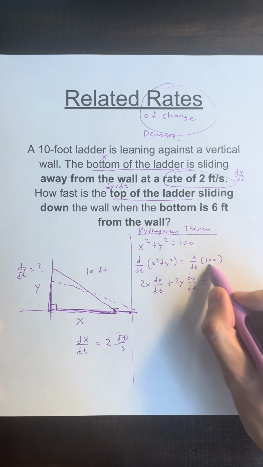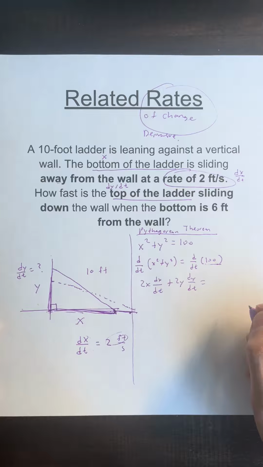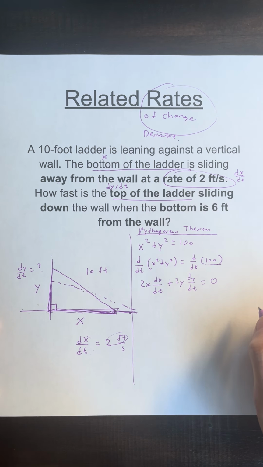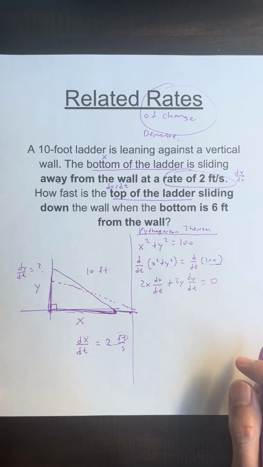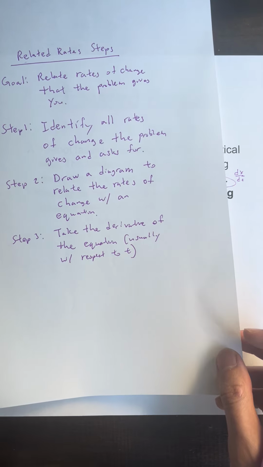Okay, and if I take the derivative of 100 with respect to t, what do I get? 0. Okay. Now, they told us dx dt was what again? So at this point, we can actually start plugging in values.